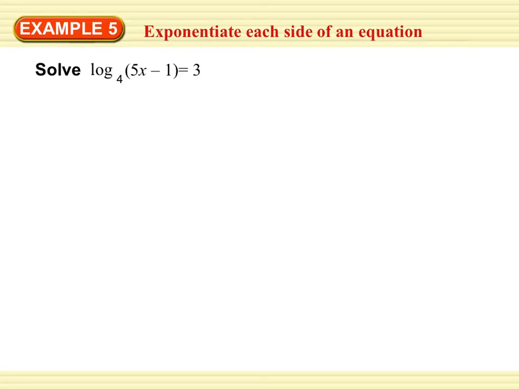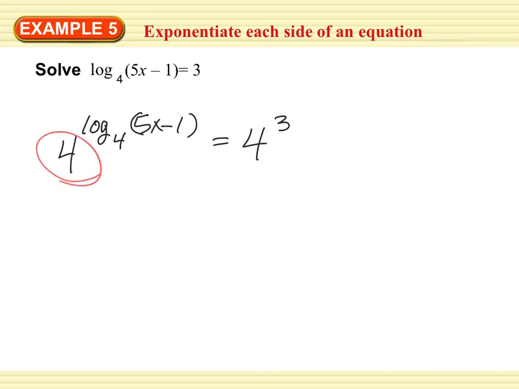Okay, log to the base 4 of 5x minus 1 equals 3. A little bit strange, but if I take 4 raised to the log base 4 of 5x minus 1, which looks super crazy, but if you remember, in the last lesson we learned that when these match, I can say 5x minus 1 equals 4 to the third power, which is 64.